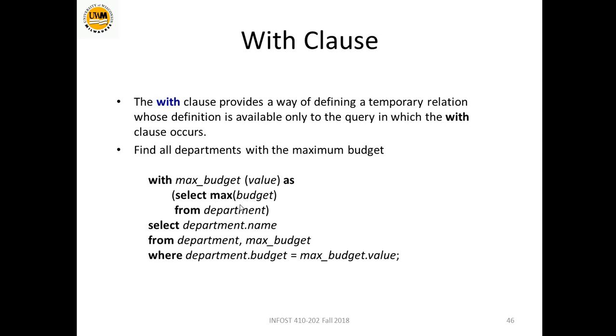I will put it in this table, and then I will select the department name from department and maximum budget, which is the table that I have created, where department.budget equals maximum budget.value. So the output will be all the department names whose budget is equal to the maximum budget value.